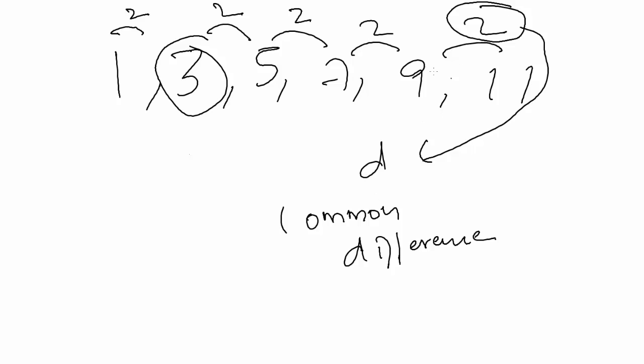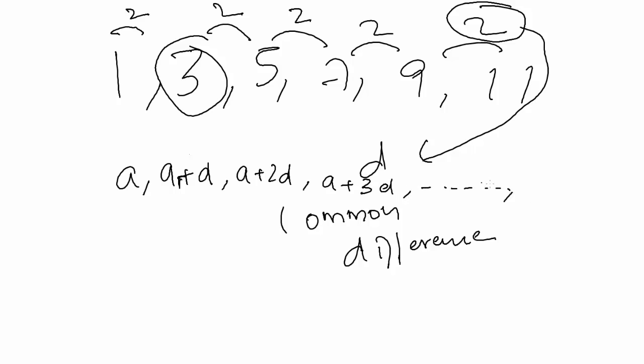And hence every AP is of the form a, then a plus d, then a plus 2d, then a plus 3d, and it goes on, and it becomes a plus n minus 1 into d.